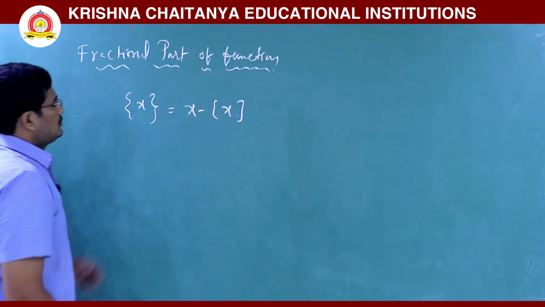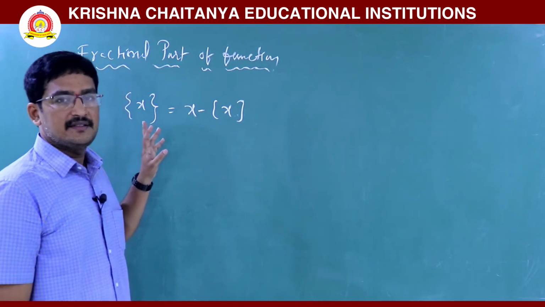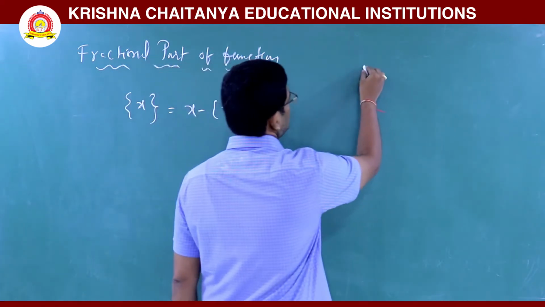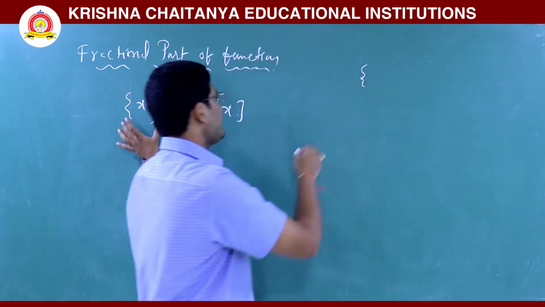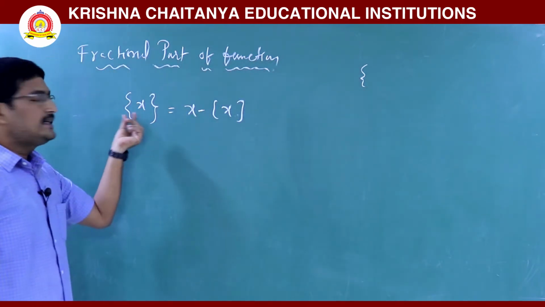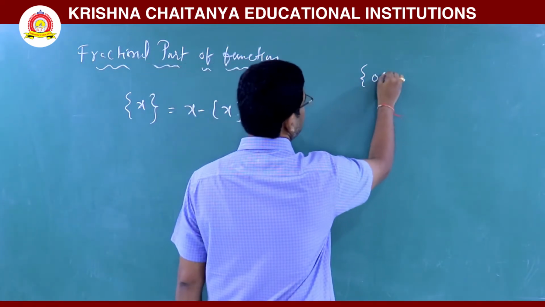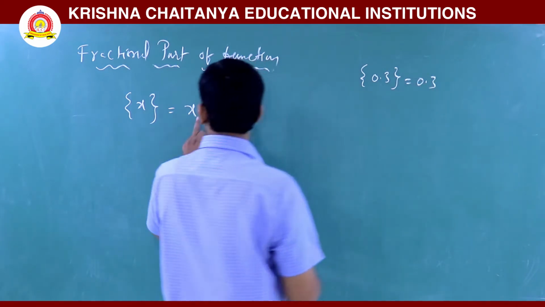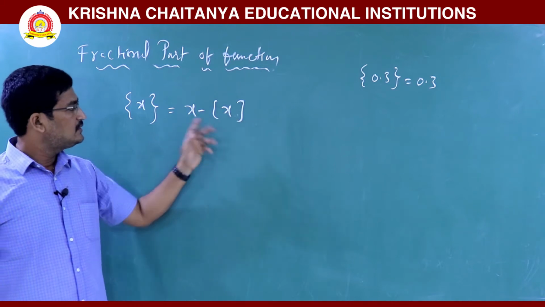To draw this curve, the fractional part of x, first you have to identify the fractional part of x by taking some values for x. Suppose the fractional part of 0.3: 0.3 minus step of 0.3, which is 0, so 0.3.